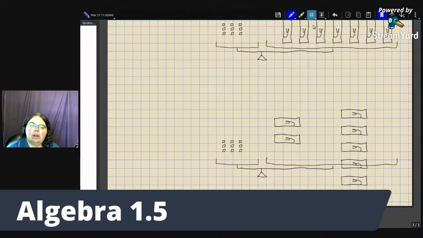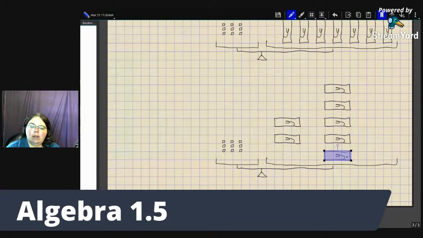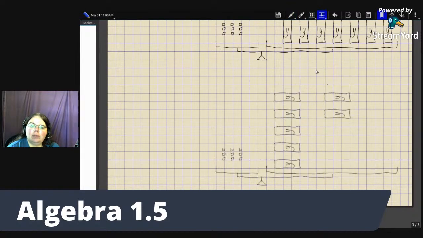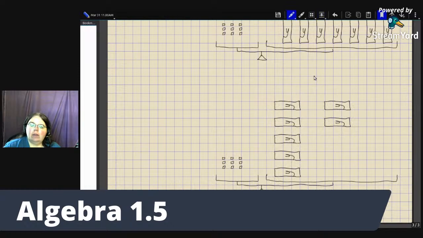Okay, so what's going on here? Well, we've got these y's that we can put in rows, a row for each y, and I need just a little more room.